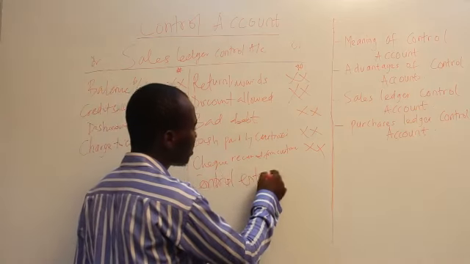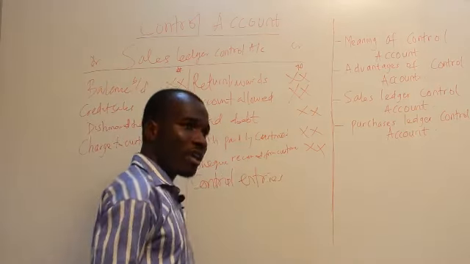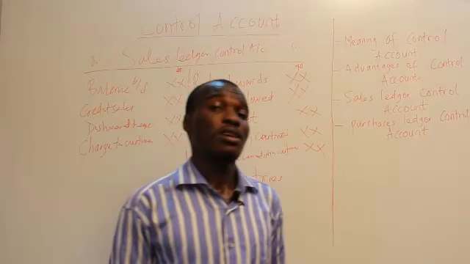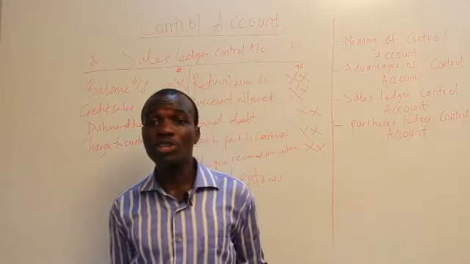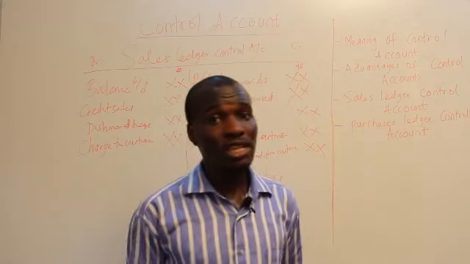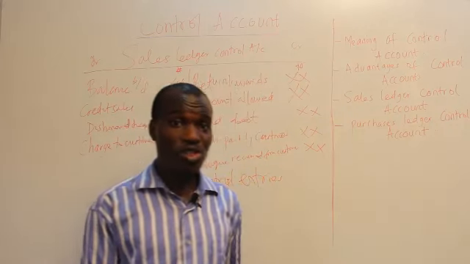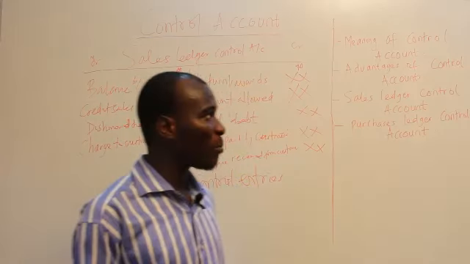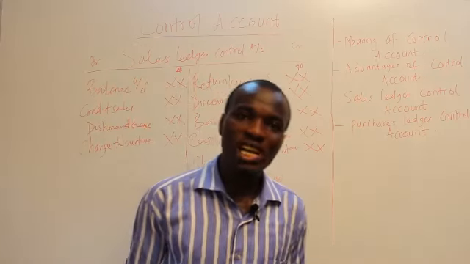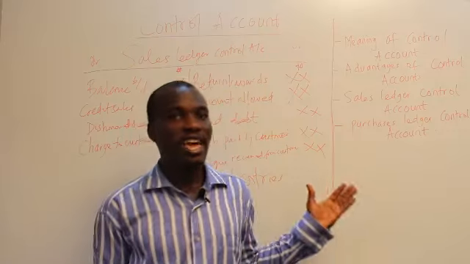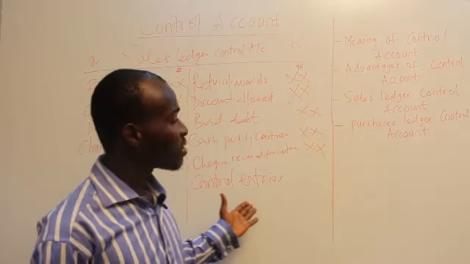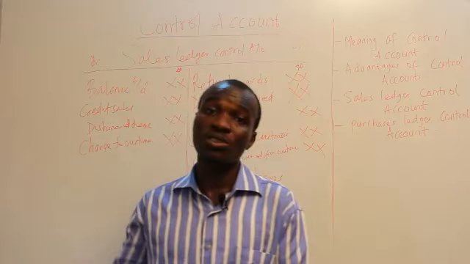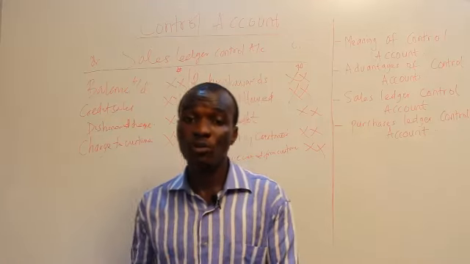Now we can also have a contra entry. The contra entry means the customer or debtor can also be a supplier to the organization. The supplier will be a customer, and thereafter will also be a supplier. So what will happen is for us to credit the sales ledger control account to cancel the amount of the debt, and also debit the supplier's account to cancel the amount of the debt to the supplier.